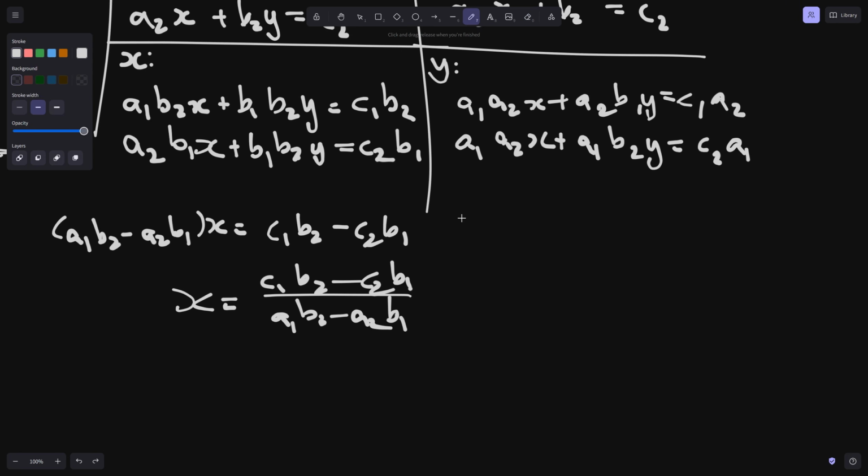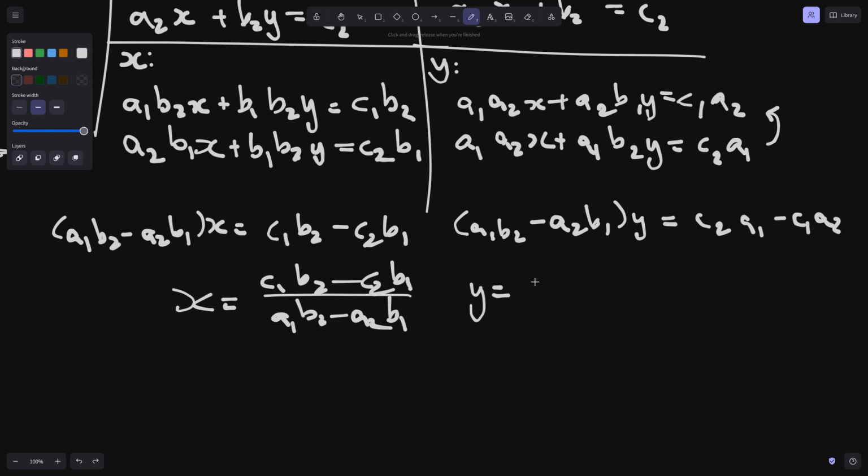And this will give us a result of a2. If we subtract them in this order, so we subtract the top one, a1 b2 minus a2 b1, y is equal to c2 a1 minus c1 a2. And so y is almost the same thing, but the terms are reversed from each other, over a1 b2 minus a2 b1.